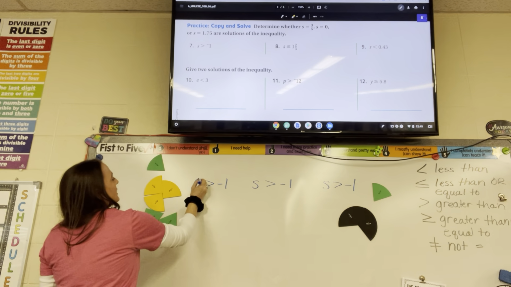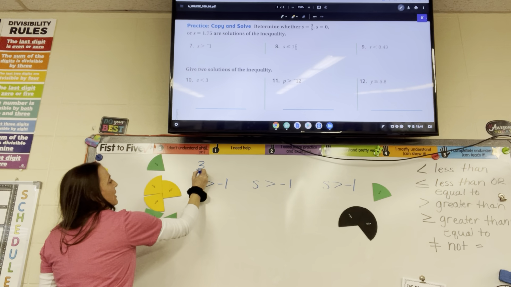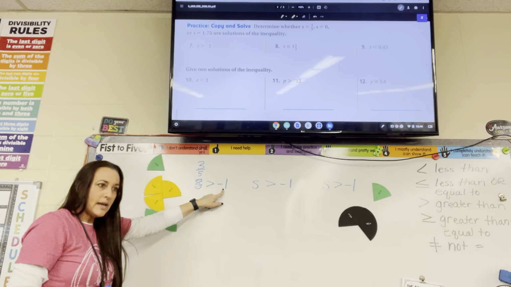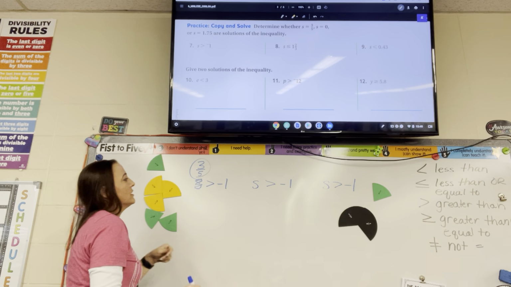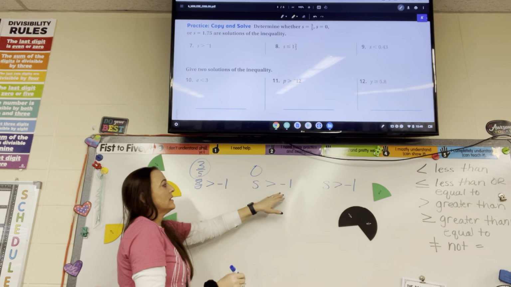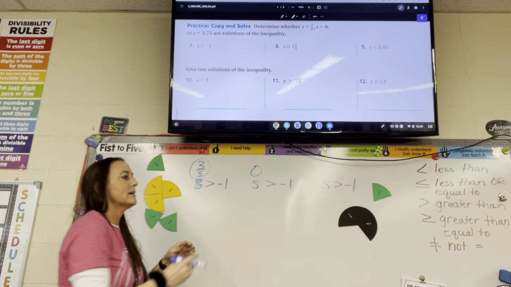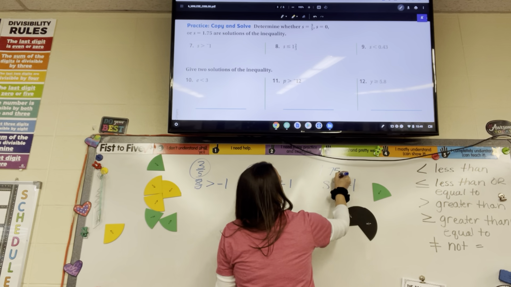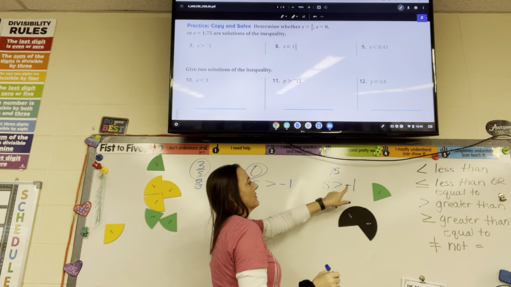First one we're gonna check is 3/5. Is positive 3/5 greater than -1? Yes, all positive numbers are greater than negative numbers. Is 0 greater than -1? Yes, because it's further to the right. And then 1 and 75/100 positive, is that greater than -1?